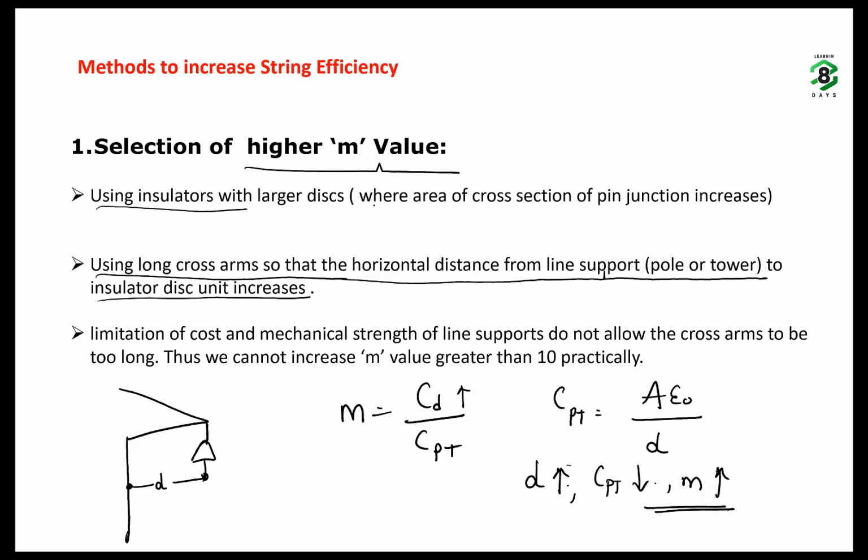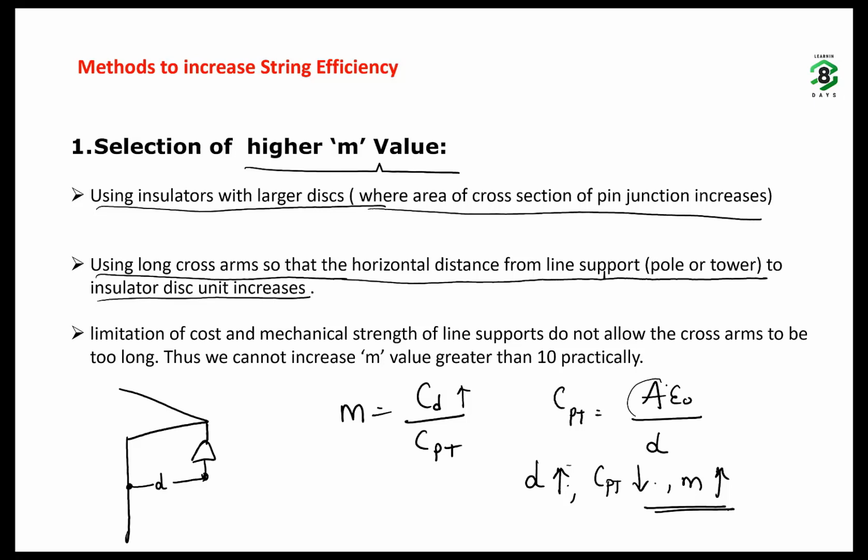Another method is using insulator discs with more cross-sectional area in the pin junction. If the area of cross-section of the pin junction increases, then also you can increase the M value. However, we cannot increase the size of the cross arm beyond a limit. Why?